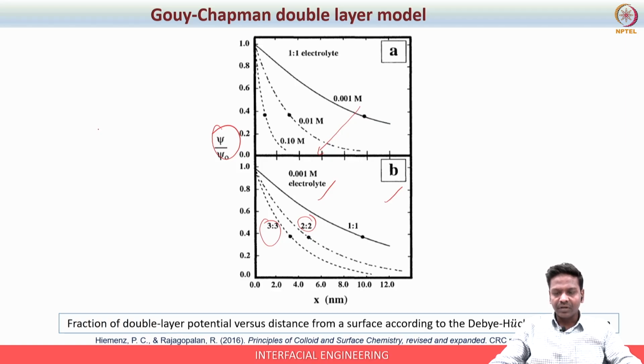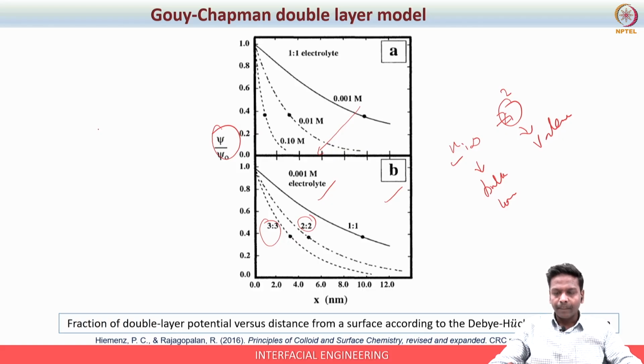In the equation, we know there is something called Ni infinity. This is the bulk concentration. Okay. And there is something called Zi square. This is nothing but valence. Okay. By tuning the bulk concentration, keeping the valence constant, one can show that the potential will be affected, right.